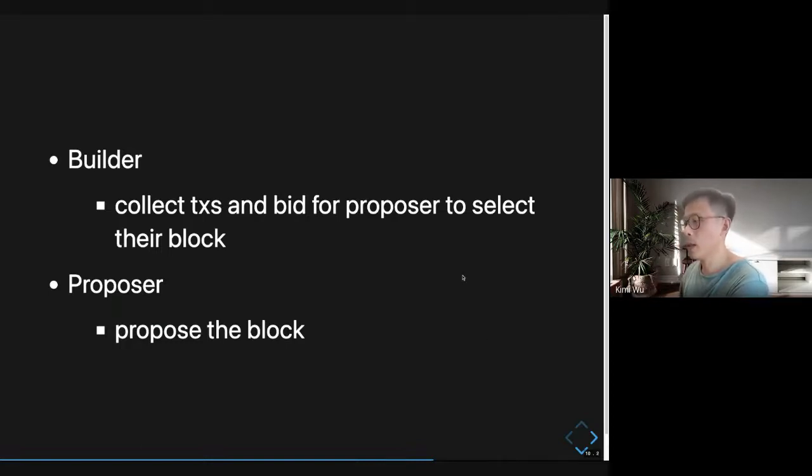But you may find that this is quite similar to what we have now. Flashbots have exactly the same mechanism. They have searchers and relayers to do MEV extraction and then create a bundle, a block, and propose to the miner, and the miner proposes the block.